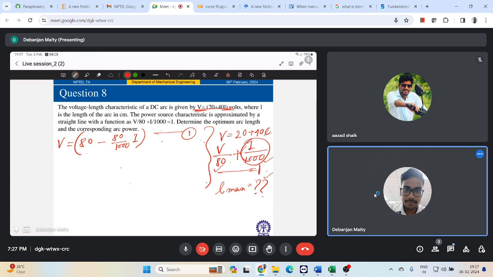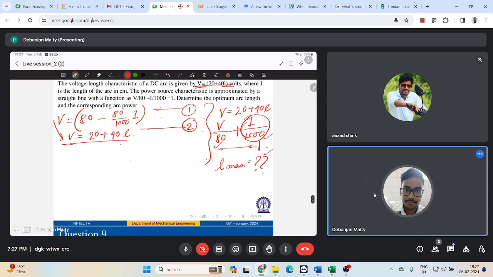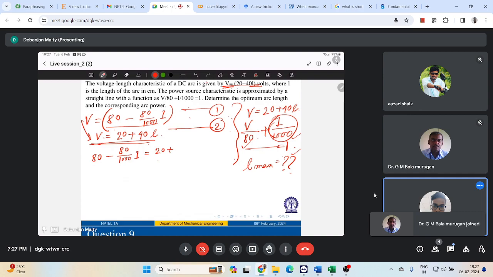Then I have V is equal to 20 plus 40L. This is my equation 2. Both these voltages are the same, so I will equate these two equations: 80 minus 80 by 1000 into I equals 20 plus 40L.